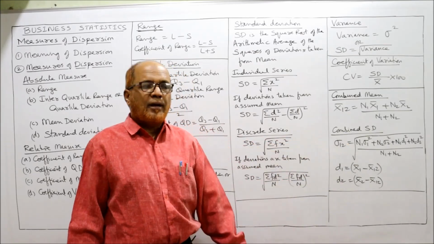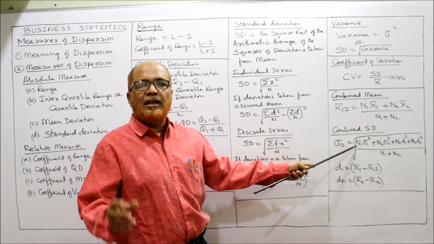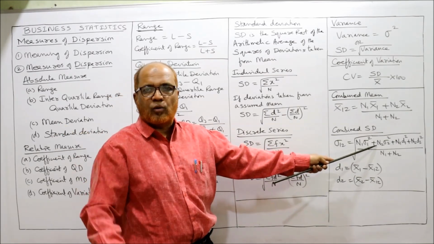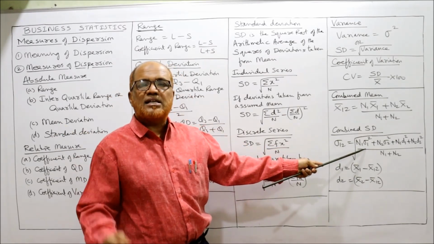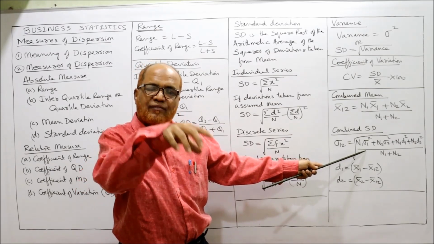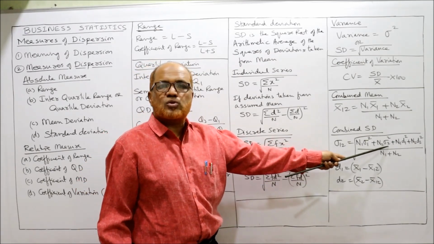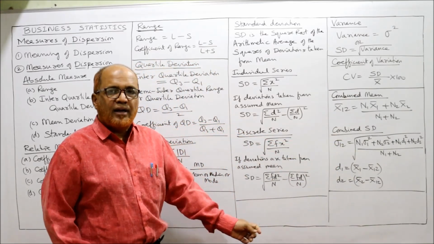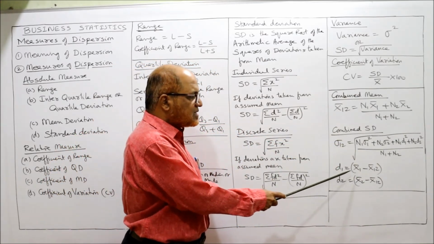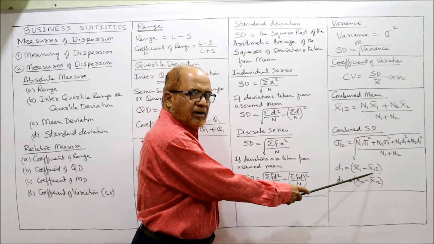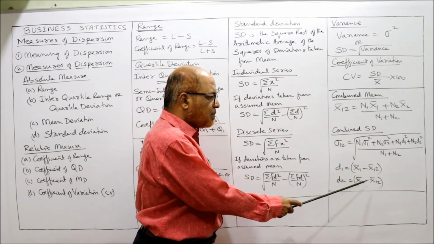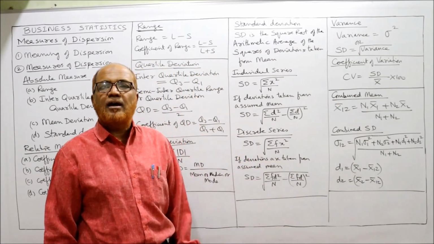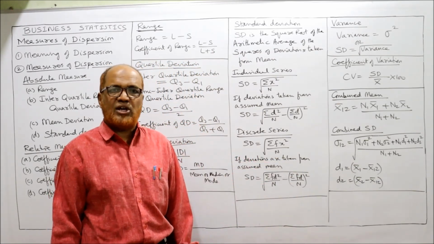Here n1 is the number of values in the first group, n2 is the number of values in the second group, sigma 1 square is the standard deviation square of the first group, and sigma 2 square is that of the second group. Next, d1 is equal to x bar 1 minus x bar 12 and d2 is equal to x bar 2 minus x bar 12. So this is the formula for calculating combined standard deviation.